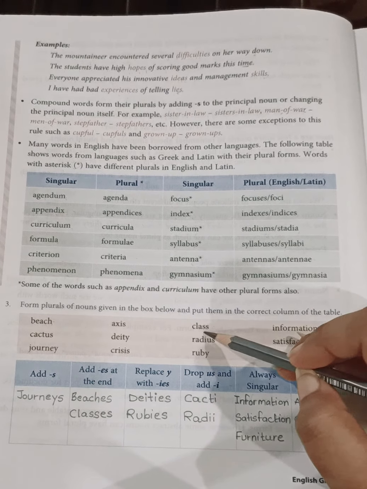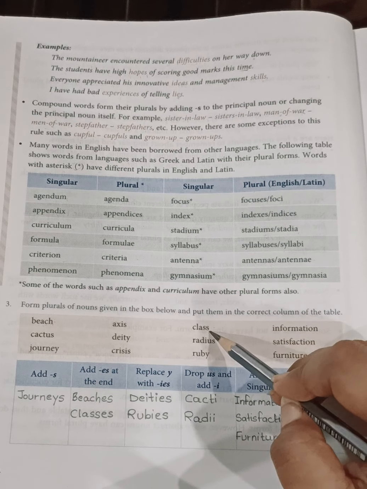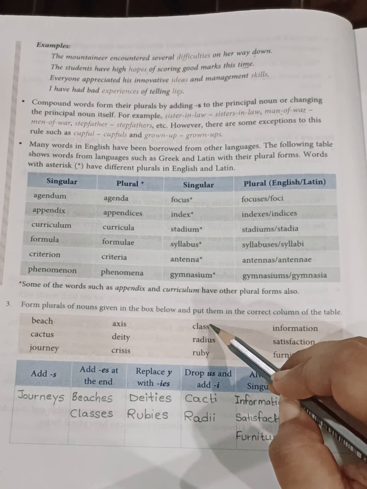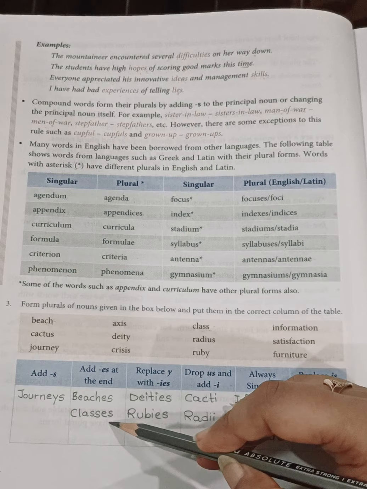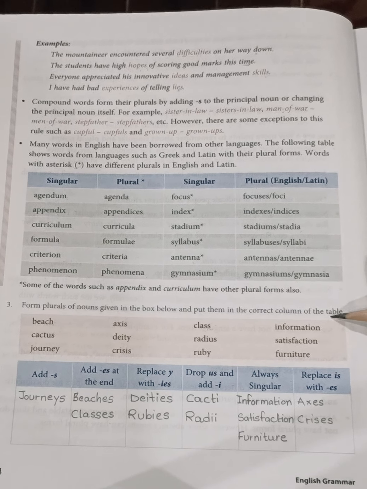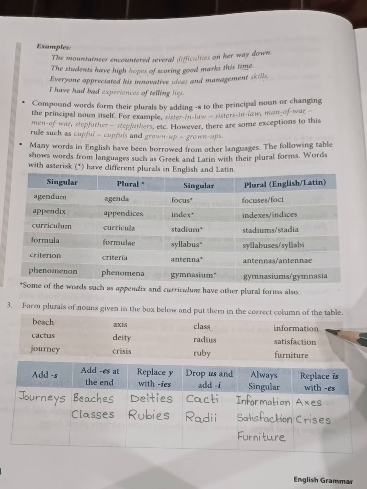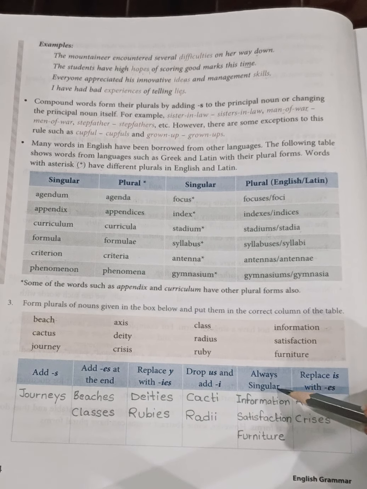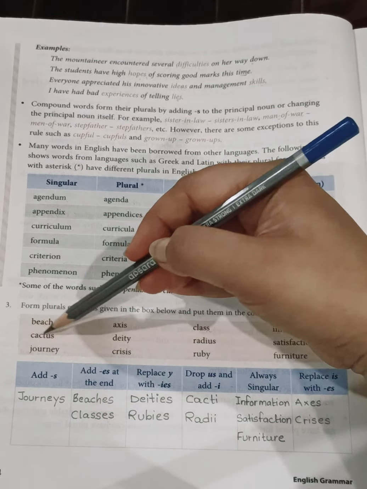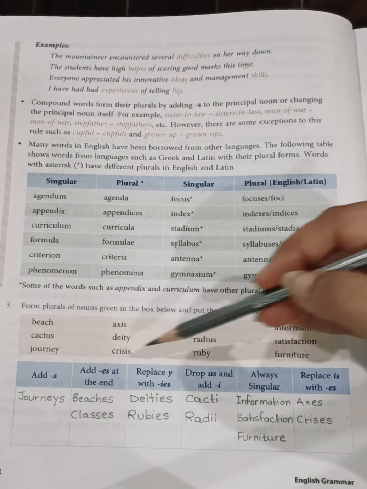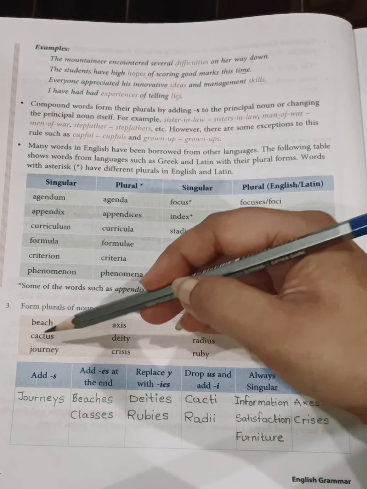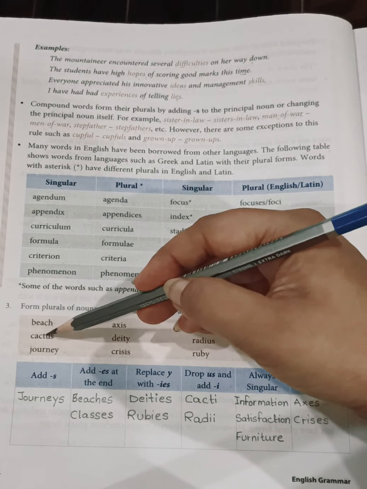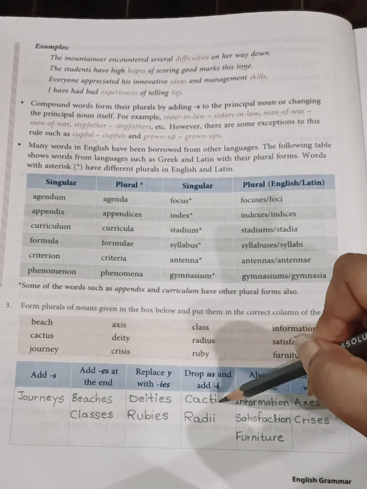Class, double S. So whenever we are having double S at the end, we will add ES. So classes. Information. Information doesn't have any plural form. So we will write it in the column of always singular. Cactus. Whenever it is US, we will cut US and we will add I. So cacti.